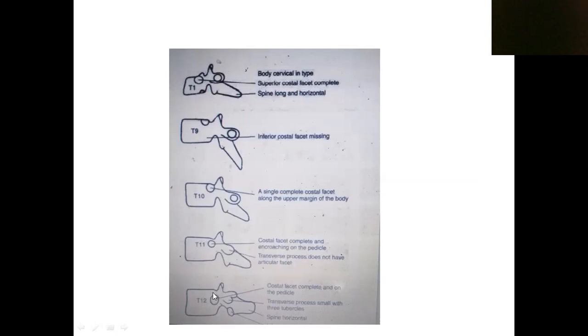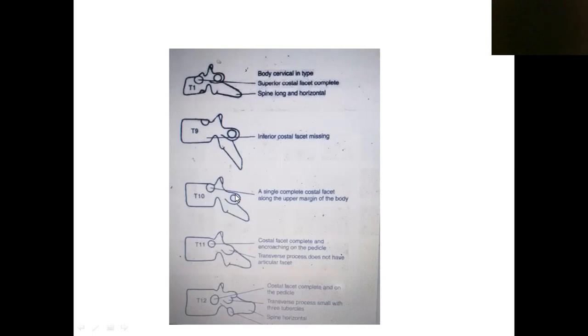See the difference between these two. Almost the same, except for these articular facets. Here the complete articular facet is seen near the upper border of the vertebra, but here it is seen almost near the middle. See the difference between the 10th and 11th.